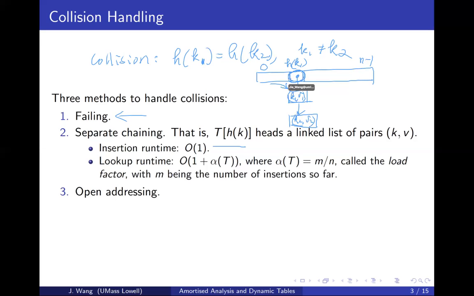chain for any k, and then you search for an item in that linked list. Under the assumption that h evenly distributes its hash values, the average length of each linked list will be denoted by a load factor.